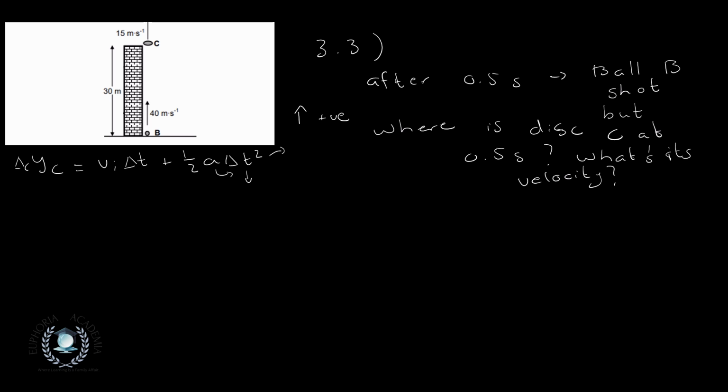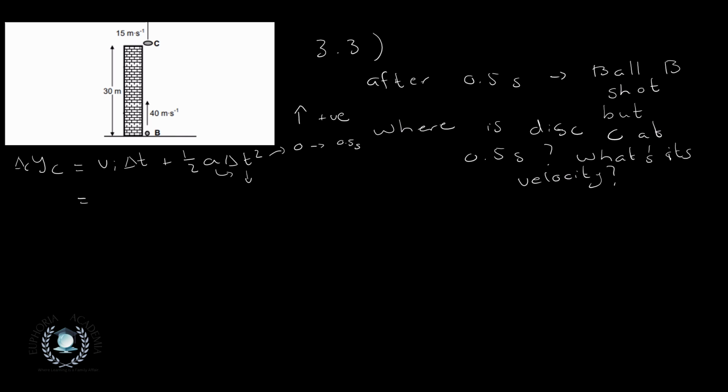Our T, essentially in this frame, we're moving from 0 to 0.5 seconds. All right, so I'm just going to drop the delta because it's not going to affect it that much.